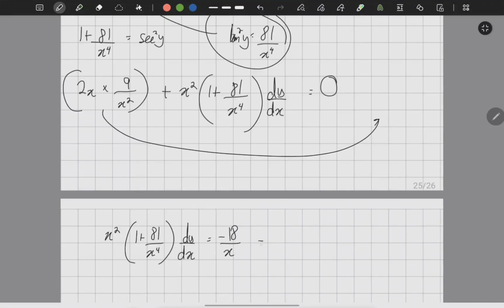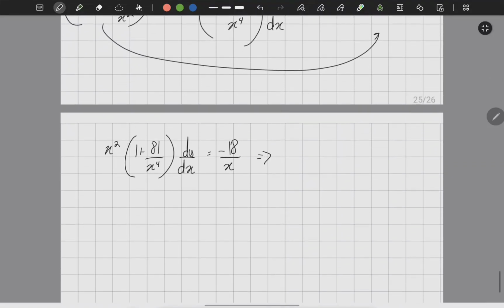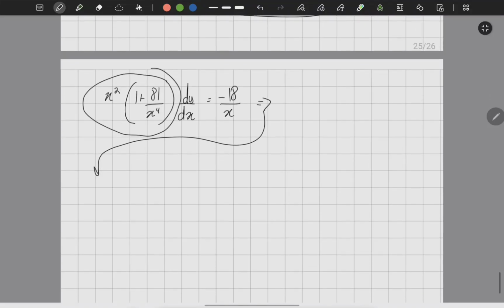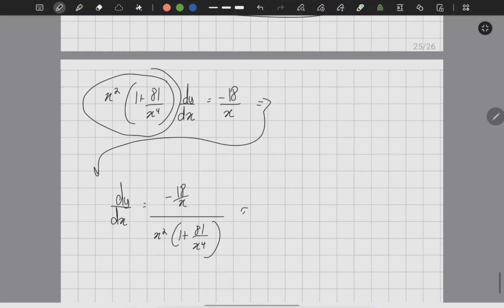Now we can divide by all of this on the right hand side, to get dy over dx on its own: minus 18 over x, all over x squared, 1 plus 81 over x to the 4. Then we can bring down the x, dividing by x to make it a simpler fraction. We get minus 18 over x cubed, 1 plus 81 over x to the 4.